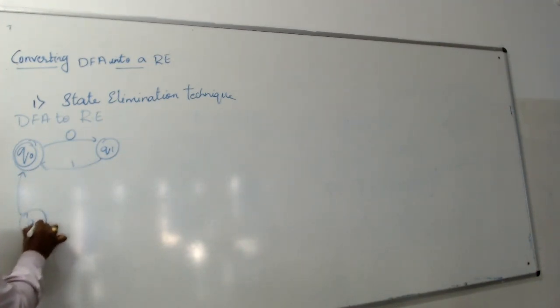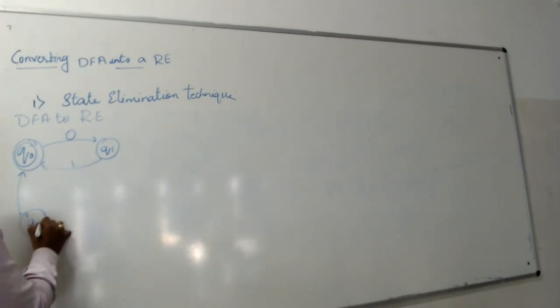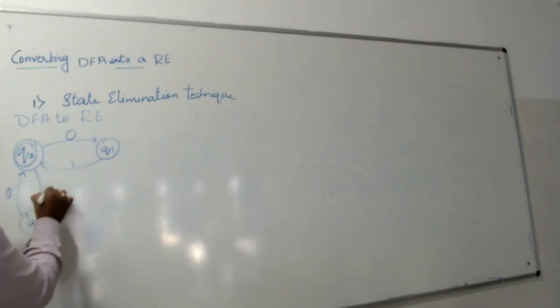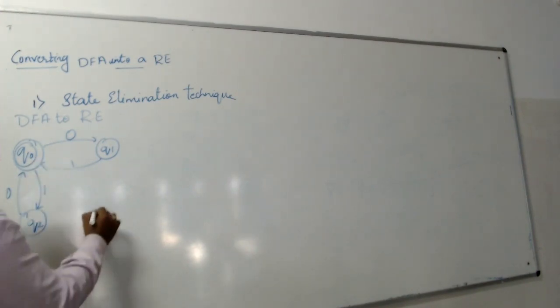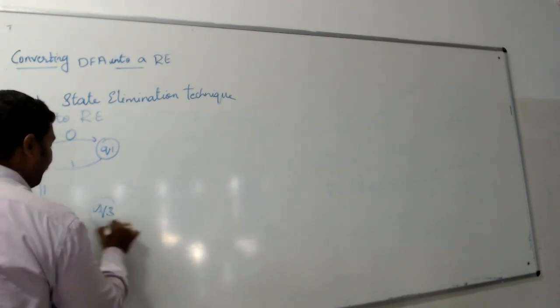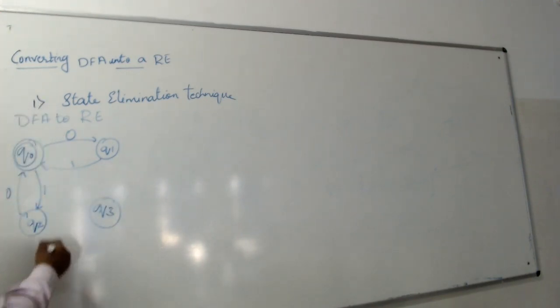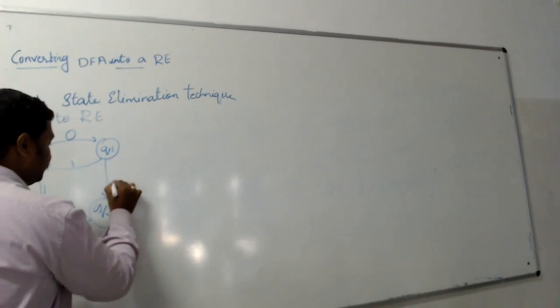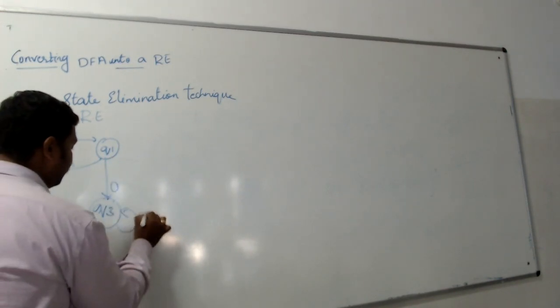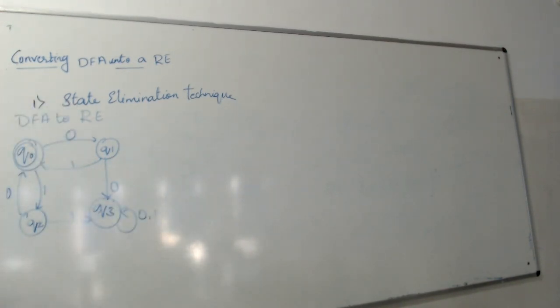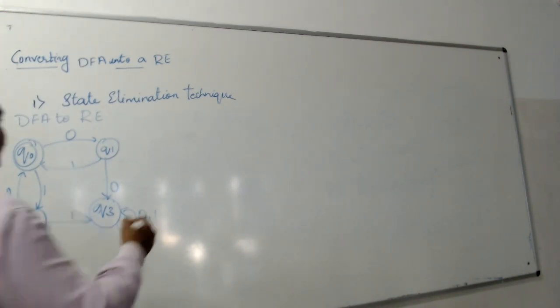So you got one more state, Q2. So this is 0, 1. So this is Q3. This is upon 1 and this is upon 0, 0 or 1. Right? This is your problem. So we will write our solution for this.